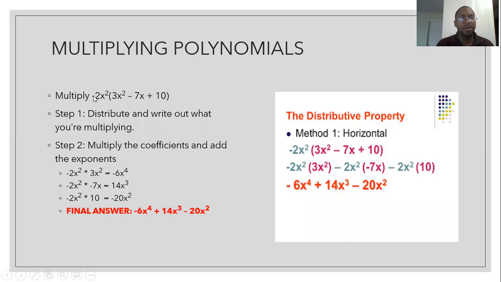So let's say I need to multiply something. So I want to multiply negative 2x times all of this. Okay. Look at my annotate thingy. Here we go.